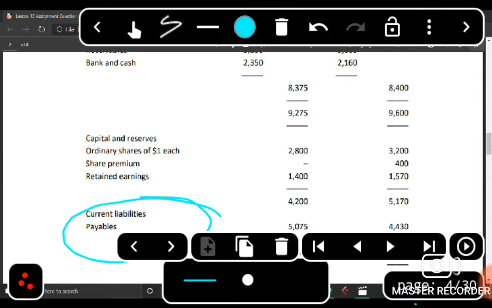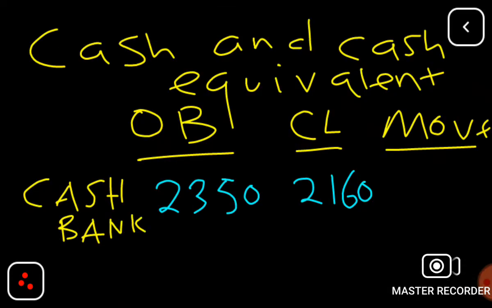So what we're going to do is just check on the movement of cash and bank. So the movement means, if you check into this question, you find out that from your opening to your closing, there was a decrease in cash.